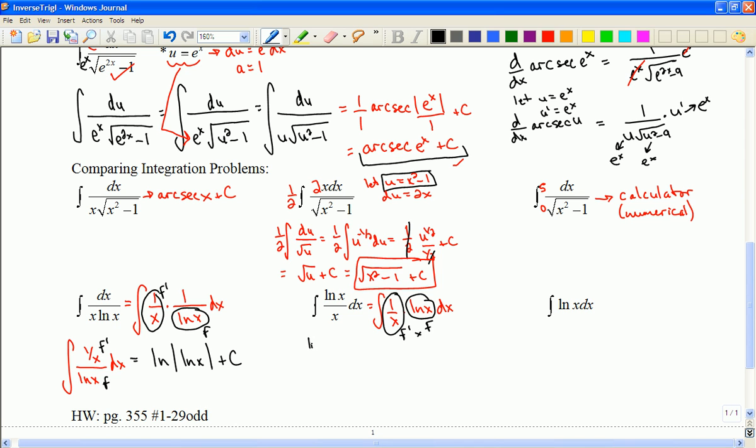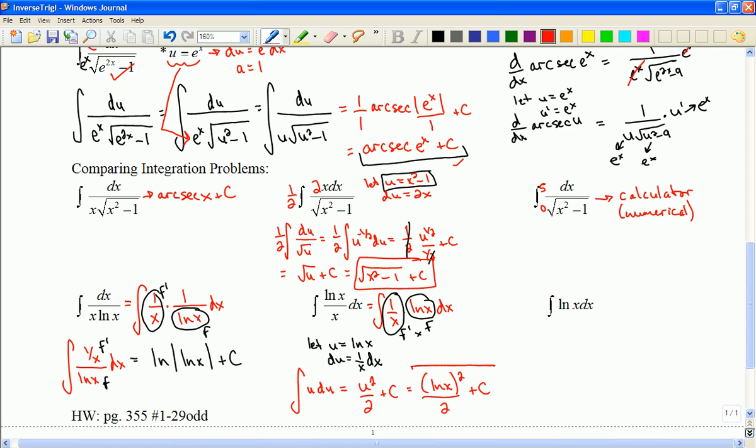So let's try and see what happens. Let u equal the natural log of x. du is 1 over x dx. So then I now have an integral that looks like this. It's going to be the integral of u du, which is u squared over 2 plus a constant. And for us, u was the natural log of x.